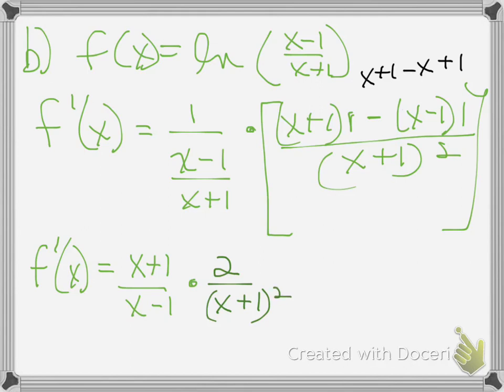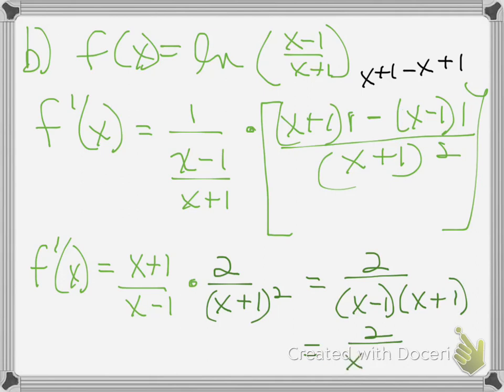Okay, so what's going to happen now is you can really present your answer as 2 over (x minus 1) times (x plus 1), which is just 2 over x squared minus 1.